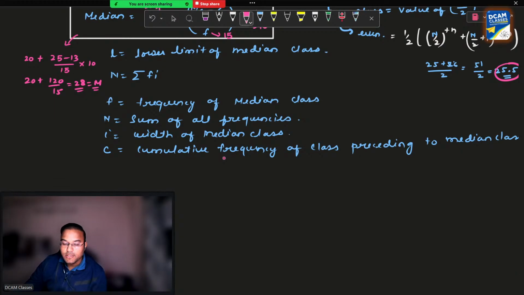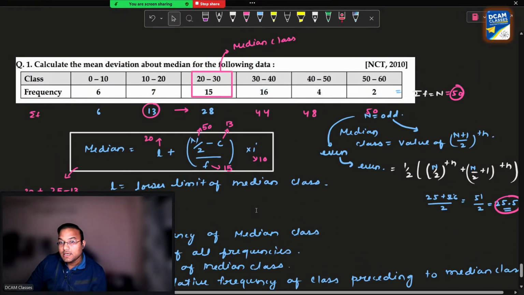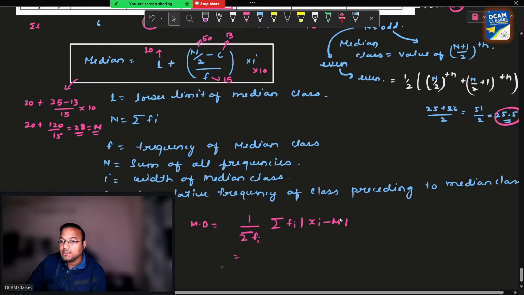Then let me show Kanishka how we get it. Now to calculate the mean deviation, we'll use the formula 1 by sigma fi into sigma fi into mod xi minus M. What is the xi you take here?